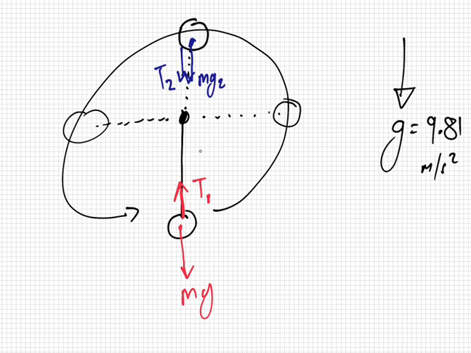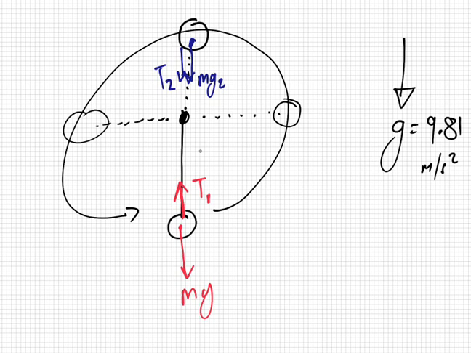But remember, if you have a rope and I'm pulling something, a rope can't push, it can only pull. So at the top the rope can only pull down, it can't push up.